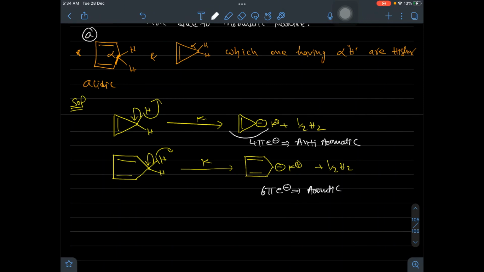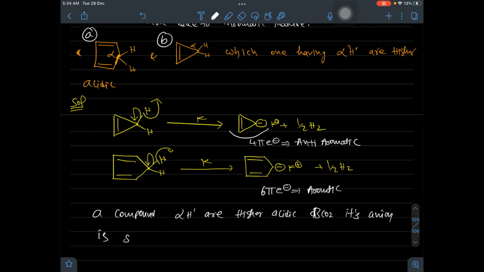If this is compound A and this is compound B, the one whose alpha hydrogens are more acidic is compound A, because its anion is stable due to aromaticity.